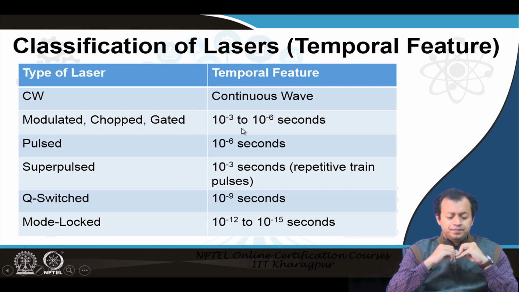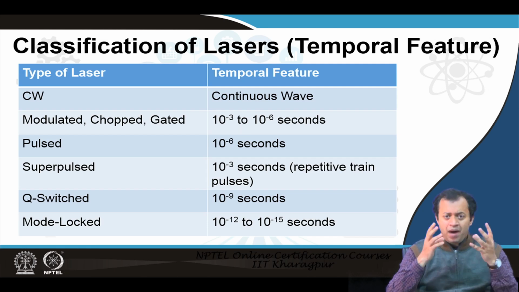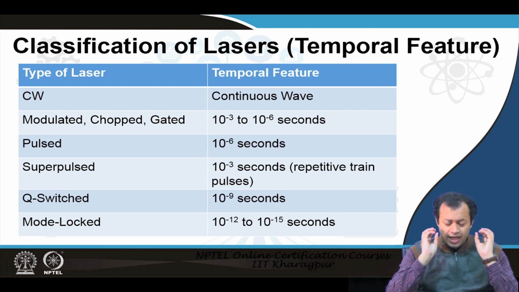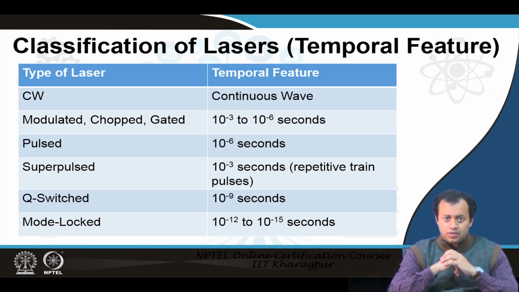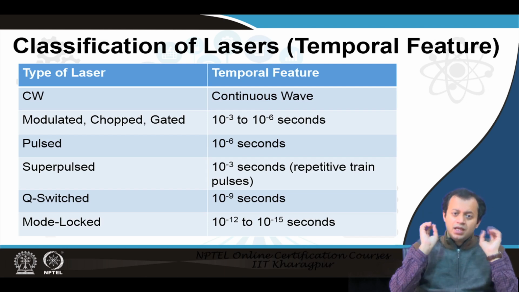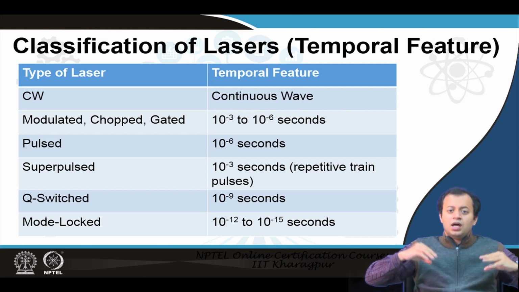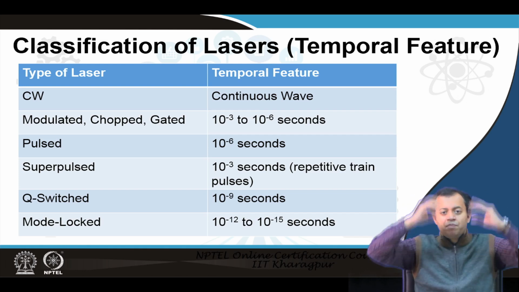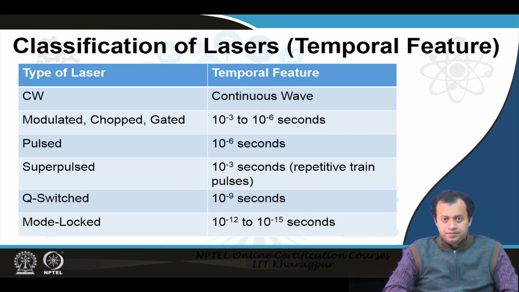Suppose the pump that you have is sending energy in pulses. You have not switched on a voltage or a current continuously, but you are sending energy for the electrons to go to the upper level in sets of pulses.